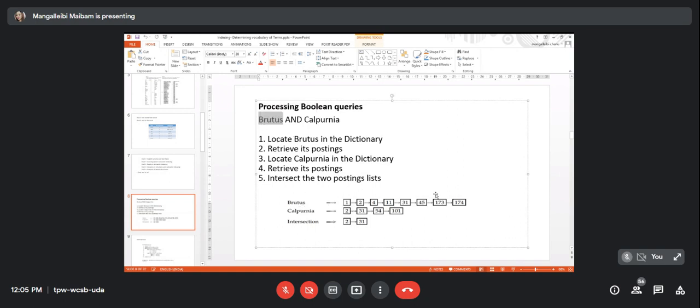Brutus is there in 1, 2, and California is given here. Intersection means what? Common to both. Which documents are common to both the terms?